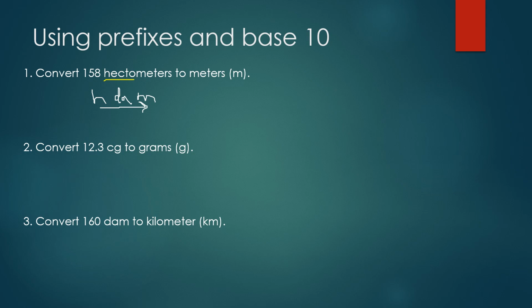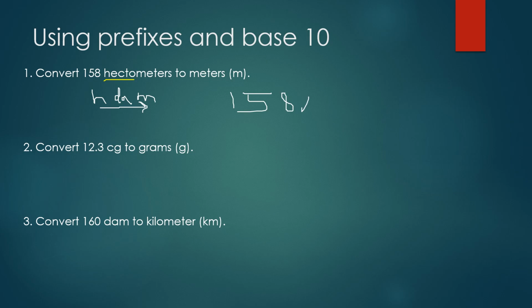What we're doing is going from a larger unit of measurement to a smaller unit of measurement. In other words, it takes more meters to come up with a hectometer because a hectometer is 100 meters. So we're going to move that decimal point where it was originally 158.